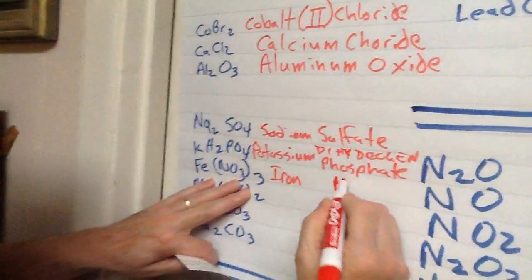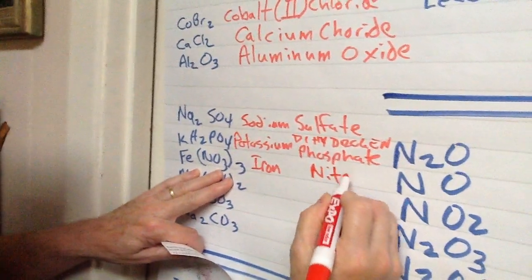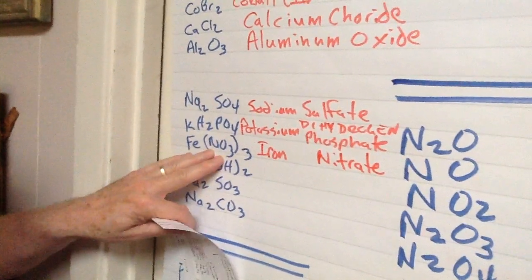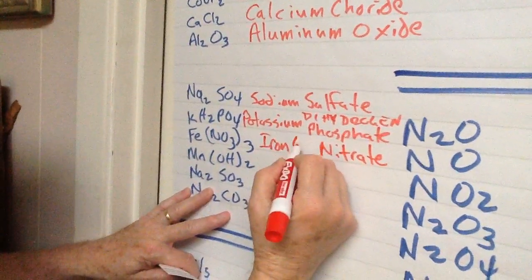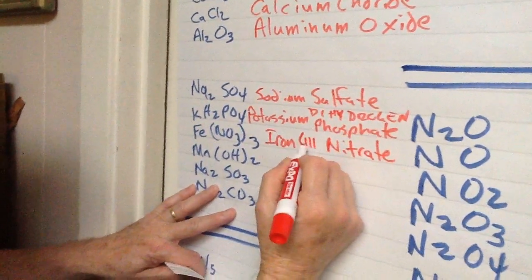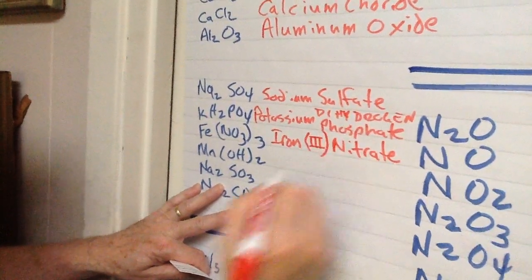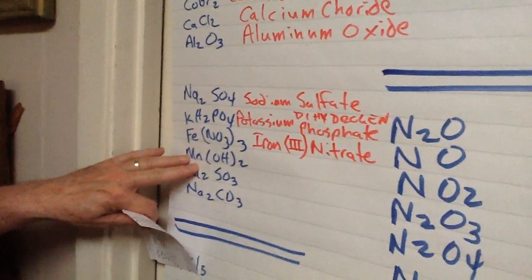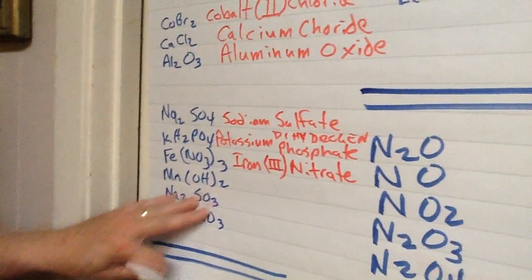This has 3 nitrates. Nitrate is always -1. NO3 minus. There's 3 of them, so this must be iron Roman numeral 3 nitrate. Okay? Here's manganese hydroxide.